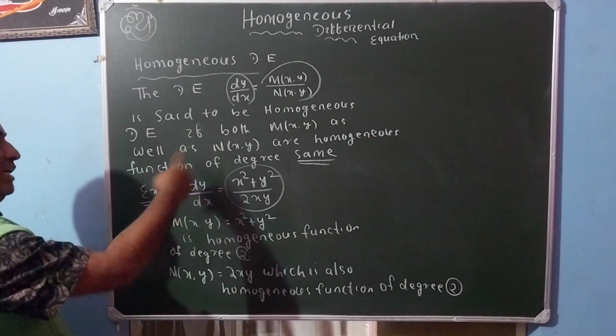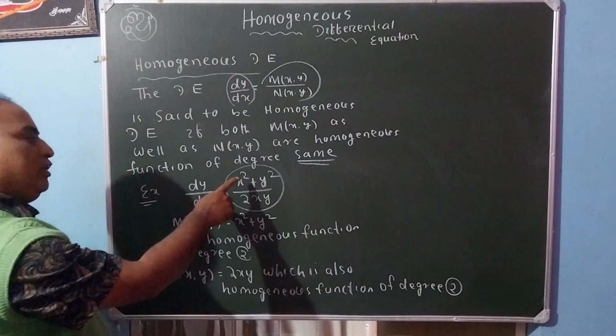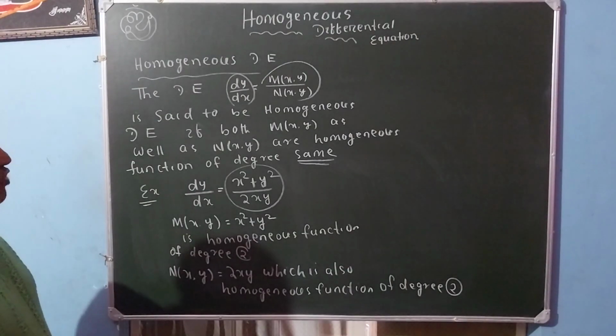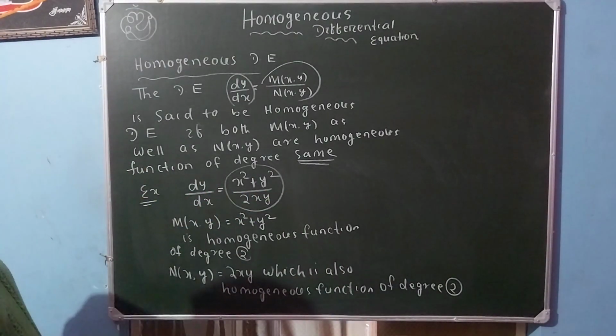So it is a homogeneous differential equation because both M(x, y) as well as N(x, y) are homogeneous functions of the same degree. This is the definition of a homogeneous differential equation.